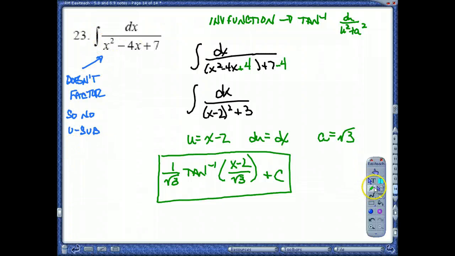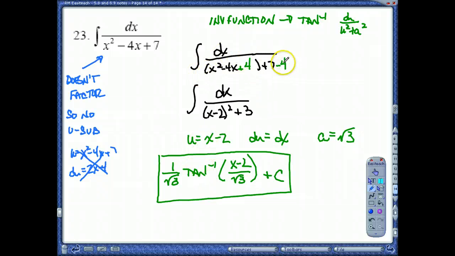If u was going to be the bottom, du would have to be 2x minus 4, and I cannot generate that x. So that's what failed in our u substitution. I can't come up with x's. I can only come up with numbers. I can only multiply. So u substitution was out, so inverse trig function, I had to make that happen.